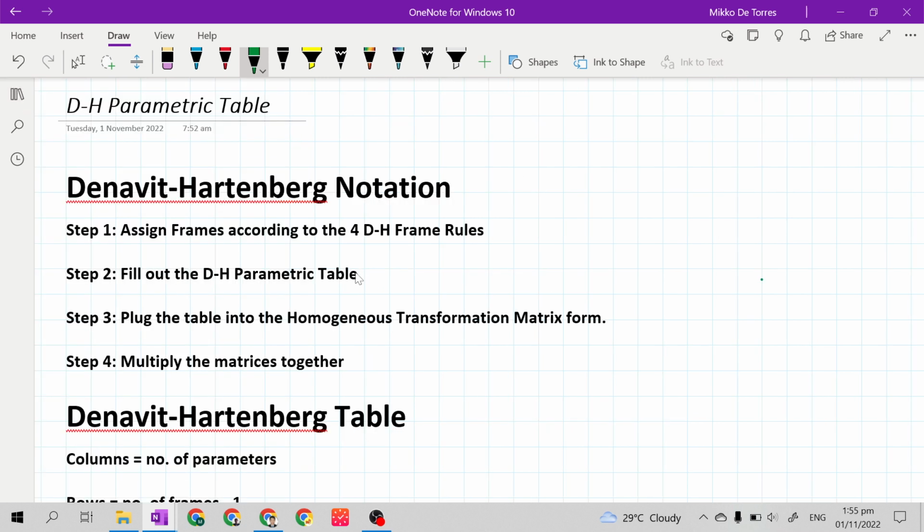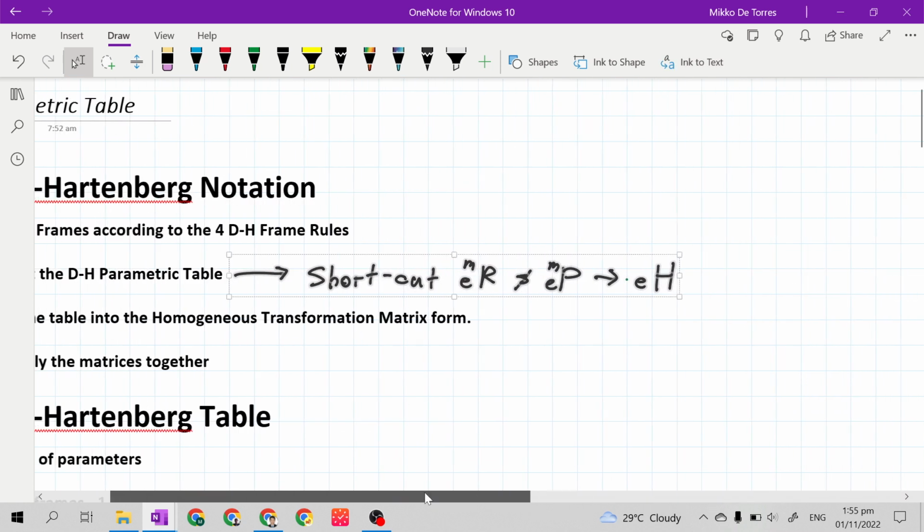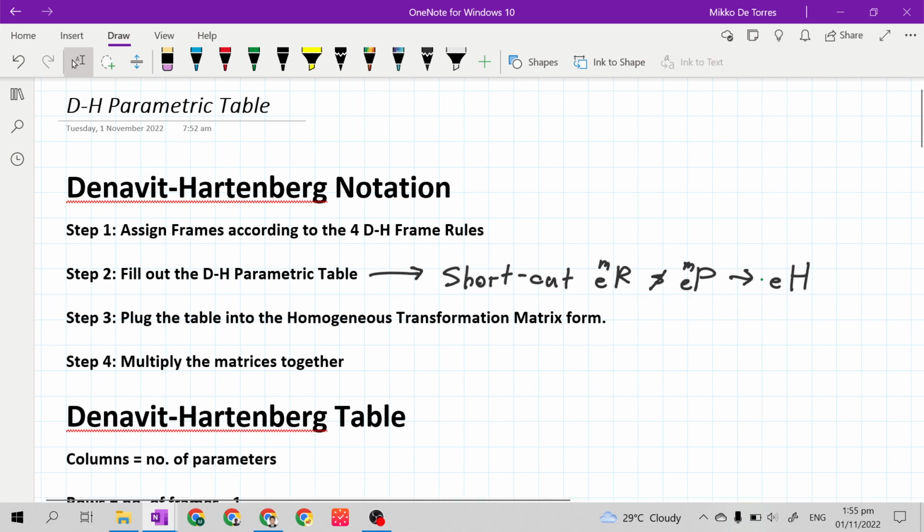Then step 2 is to construct and fill out the D-H parametric table. The D-H parametric table is the shortcut of obtaining what we call the homogeneous transformation matrix. So this is the short method.